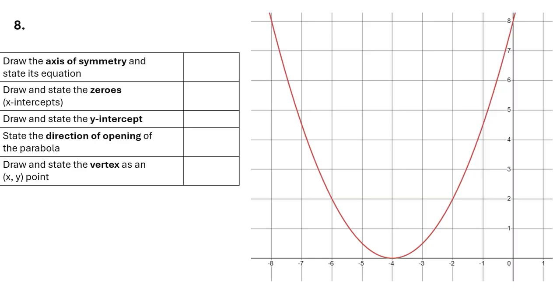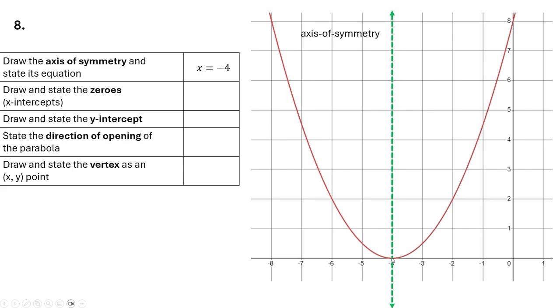This particular graph, the axis of symmetry is this line right here. And its equation is x equals -4. The zeros, or x-intercepts, well, it only touches the x-axis at one point.